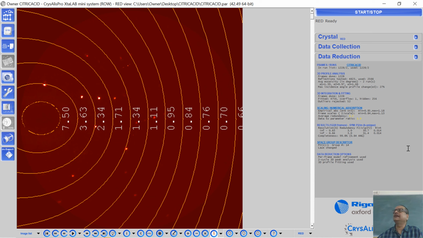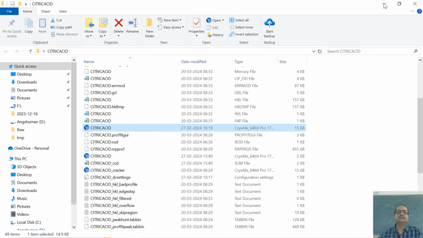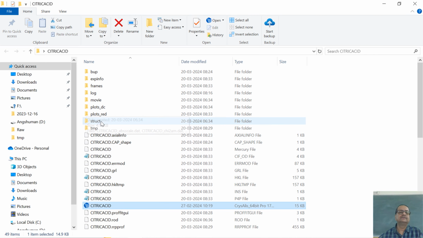These numbers indicate that it is a very good quality data. R int is good, redundancy is already 3, a normal data, and I by sigma of I is high. So we keep it like that.